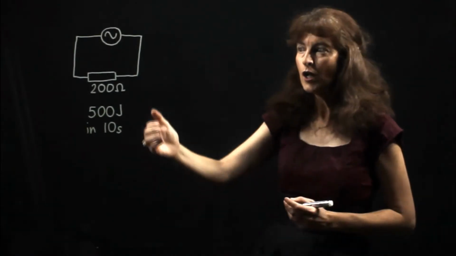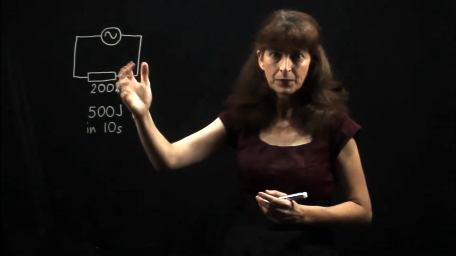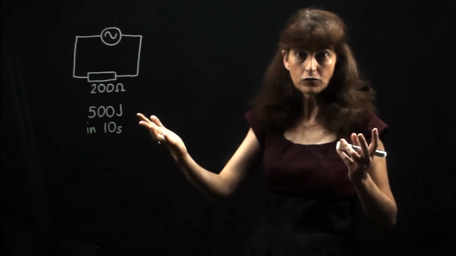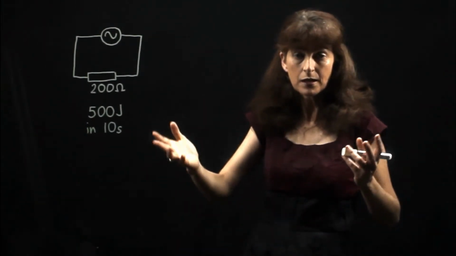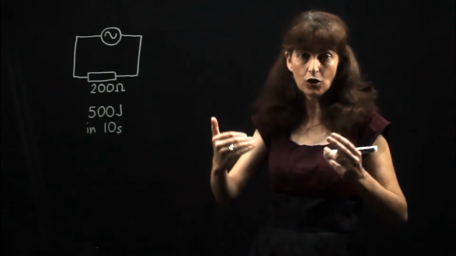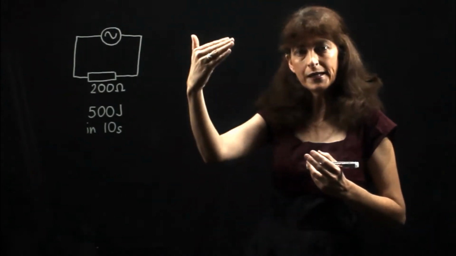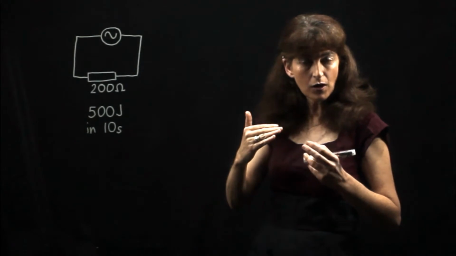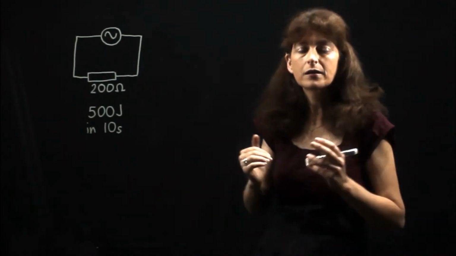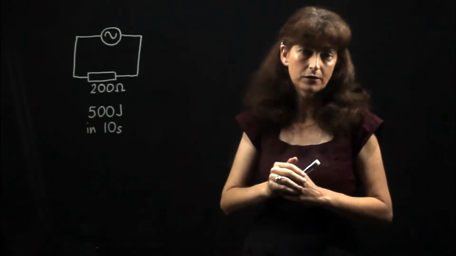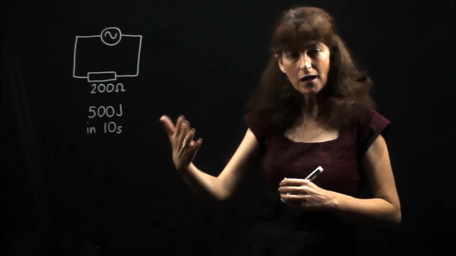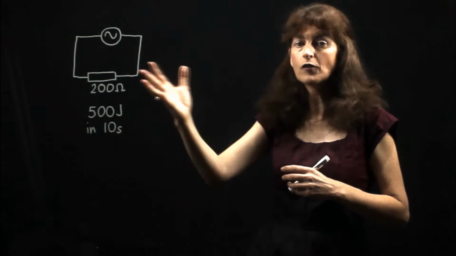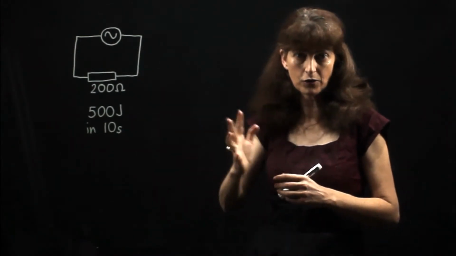Why average? Because with alternating current, the potential difference and the current strength, and therefore also the power dissipated, changes over time to a peak, to zero, to another peak, to zero, and the values in between the peaks and the zeros. And so what we calculate there is an average of all of these variations over time.